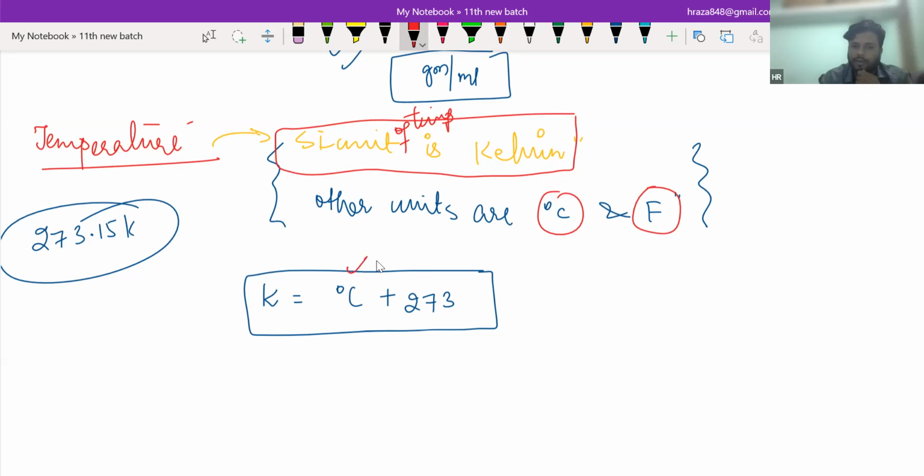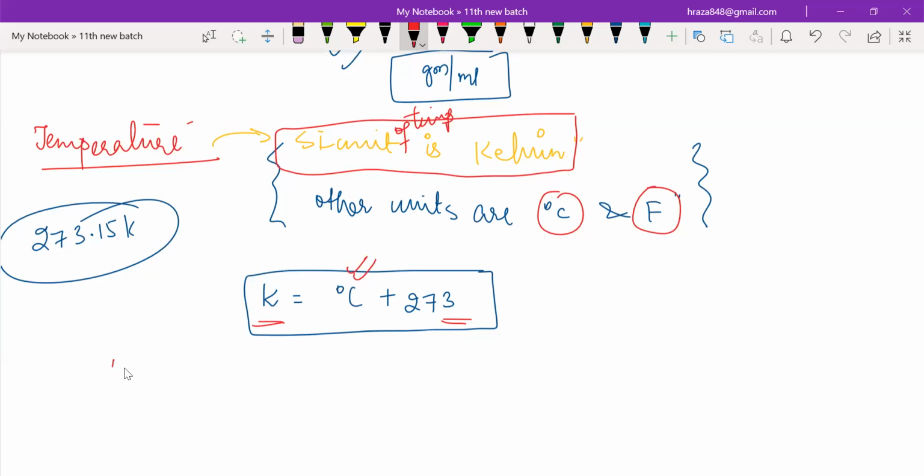Whenever degree centigrade is converted into Kelvin, we just add 273 to the degree centigrade. In the same way, to convert Kelvin into degree centigrade, we subtract 273 from the given Kelvin. Are you getting my point?